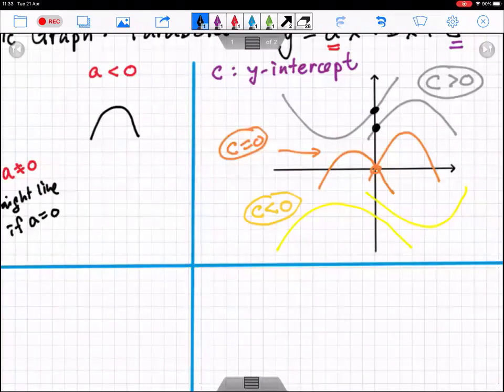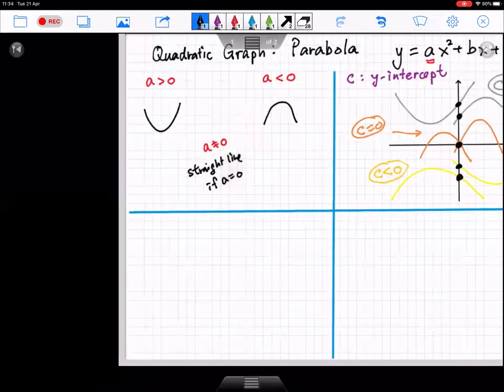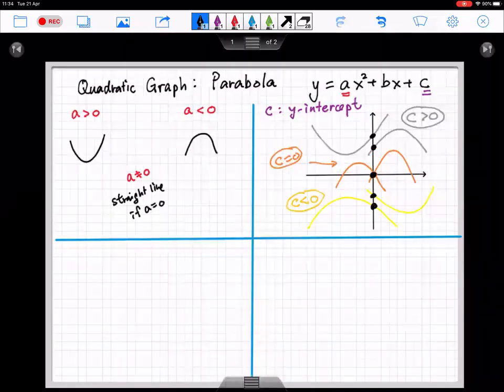If c is less than zero, we have the y-intercept at the negative y-axis, right? When c is zero, then we have the intercept at the origin. So this is about c, right? A is the easiest to tell, and then c. Now we talk about b later. b is the most complicated, right?